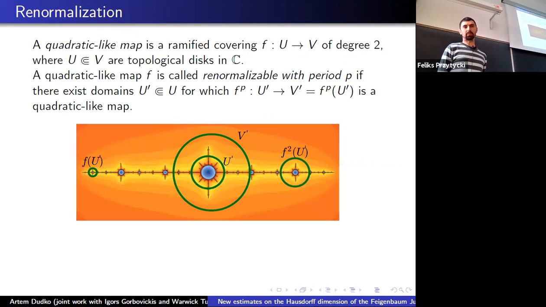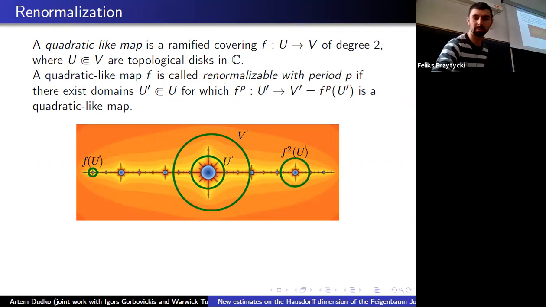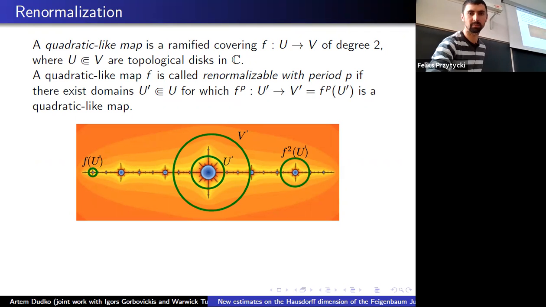And just to remind, such a map is called renormalizable with period p if we can find a smaller subdomain U prime which under the pth iterate of f will be mapped onto a strictly larger domain V prime, as in the picture, so that the restriction to U prime of this iterate f^p is again a quadratic-like map.